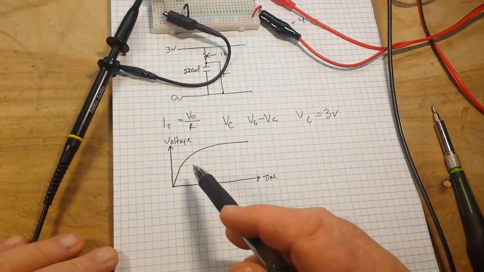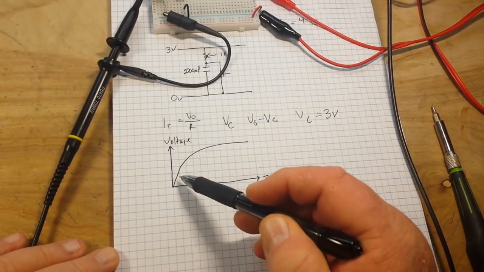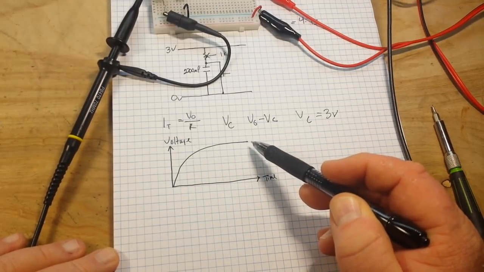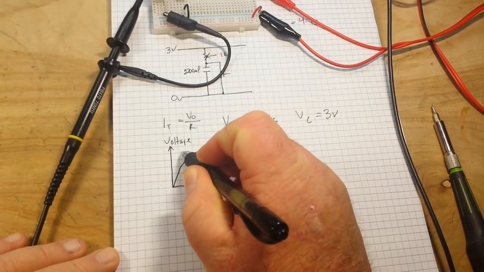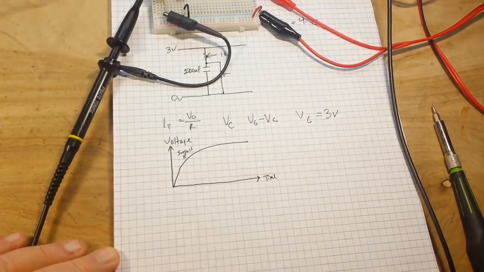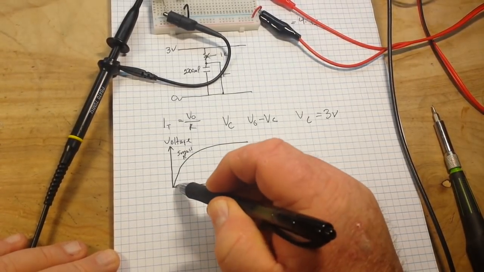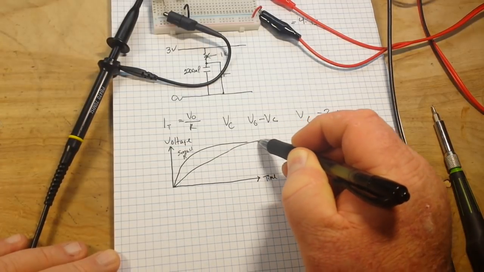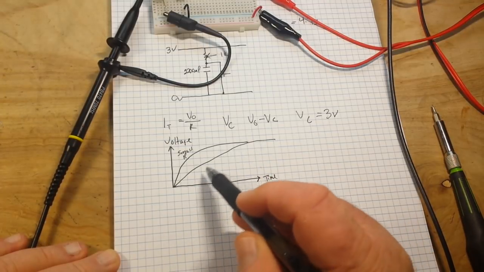So here's our standard graph. We have voltage in the vertical axis, time in the horizontal axis, and this is the charging of our capacitor. Now, in this state, we'll call this the small resistor, okay? If we were to put in a larger resistor, then it would take much longer for that capacitor to charge.